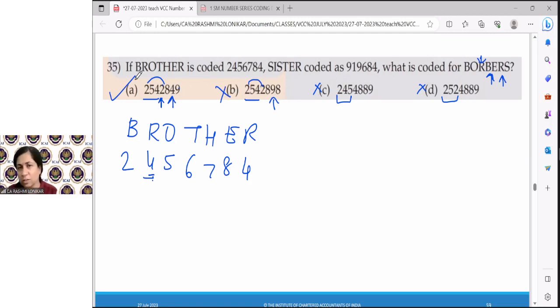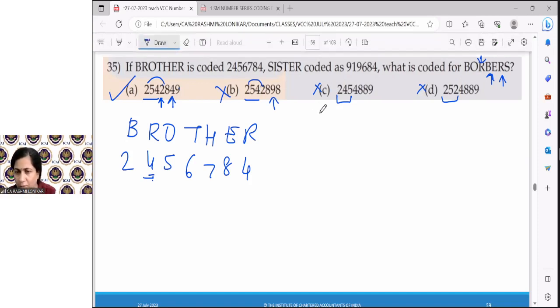So here sometimes you don't even have to do everything. What you have to do, you have to see the options, eliminate the options which you know are incorrect. Because see, what is happening over here? Here, second number is 4. Here, what is 4? 4 stands for R. But we have O. So O is the third letter here.